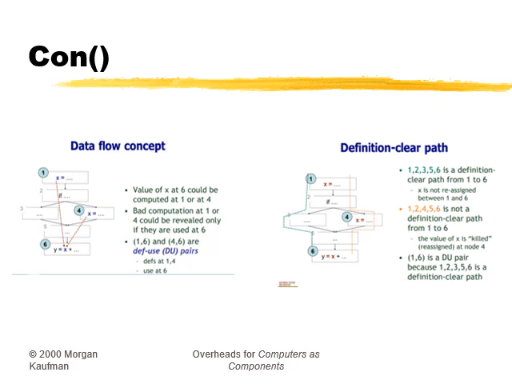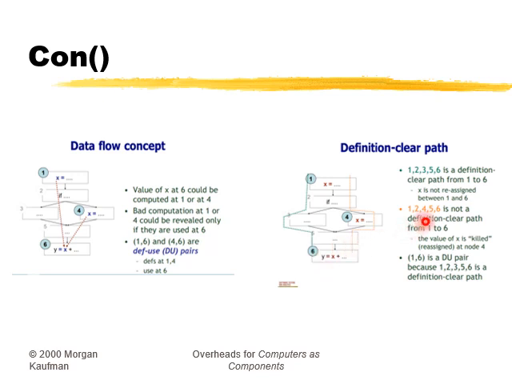Similarly, definition-clear path. If you see here, 1, 2, 3, 5, 6 is the definition-clear path. Why is this a definition-clear path? From 1 to 6, x is not reassigned. x is only assigned at 1; at 2 it's not assigned, at 3 it's not assigned, at 5 it's not assigned, at 6 it's not assigned.